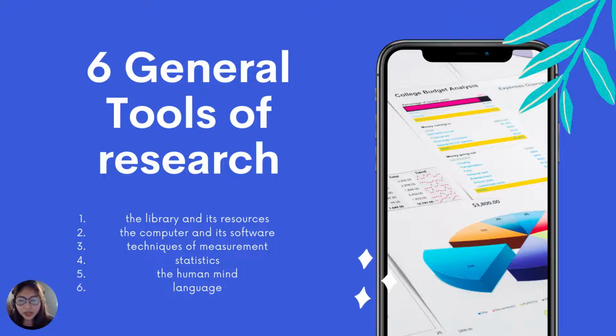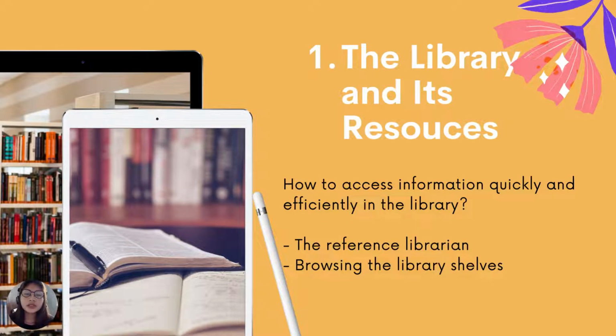Okay, so let's start with the library and its resources. So how to access information quickly and efficiently in the library. As for me, I don't like going into the library because I get dizzy seeing books. That's why research is very challenging for me, because I'm really not into books.